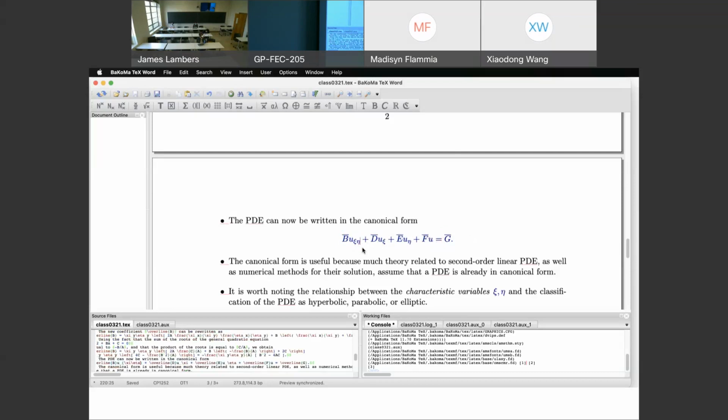So then such theory can apply. Certain numerical methods for a solution also make the assumption that the PDE is in some kind of canonical form. So that's the importance of this classification and then transformation. It helps you understand your PDE and solutions. It helps you solve it too, whether it's analytically or numerically.